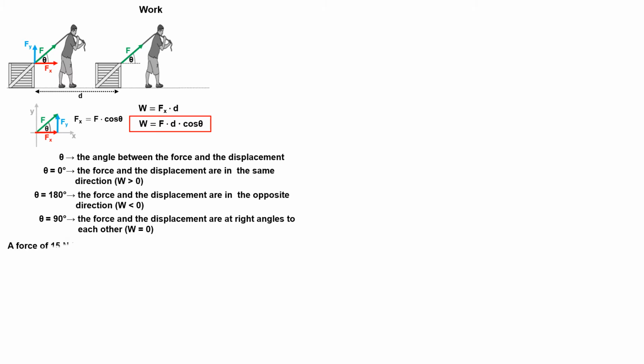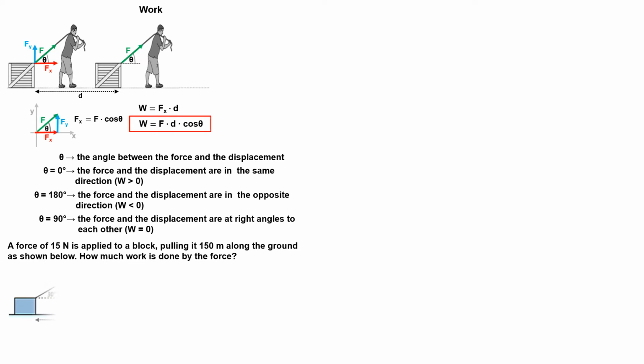A force of 15 newtons is applied to a block, pulling it 150 meters along the ground as shown below. How much work is done by the force? Analyze the question to determine what information is provided. The force applied is 15 newtons. The distance moved is 150 meters along the ground.